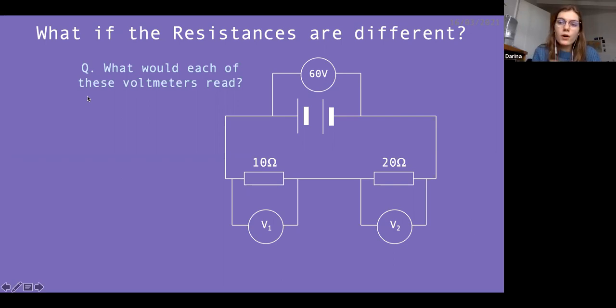So for the first resistor, the voltage across it would be lower than for the second resistor because the resistance of the first one is lower. So what would V1 be? Give it another shot. It wouldn't be 40. What would it be? Any attempt? You've split it in the correct ratio, I think, but just the wrong way round.